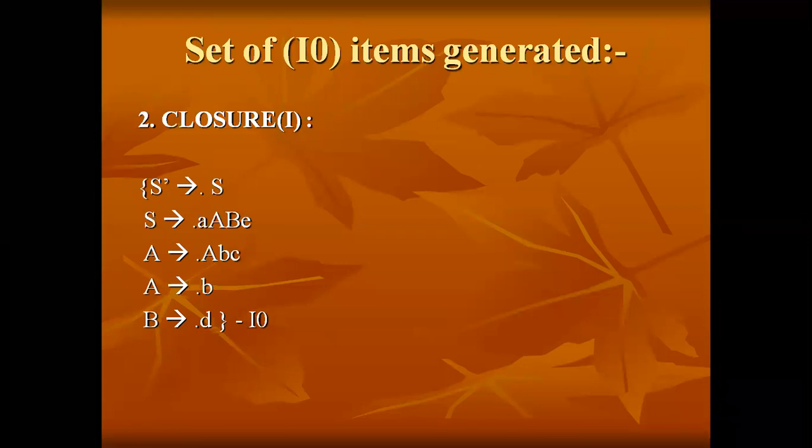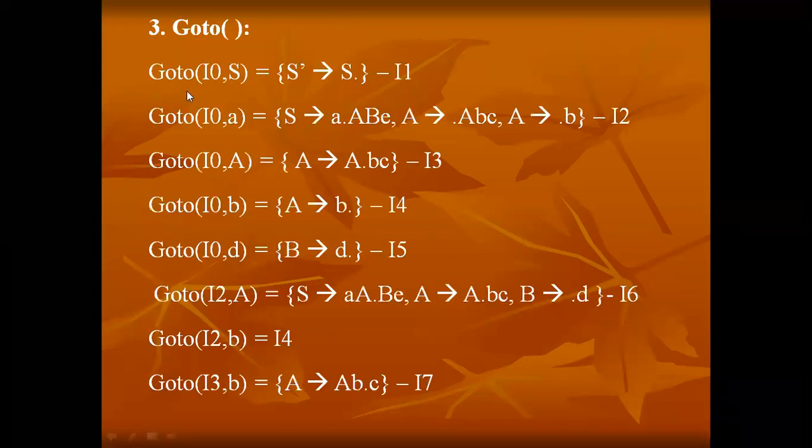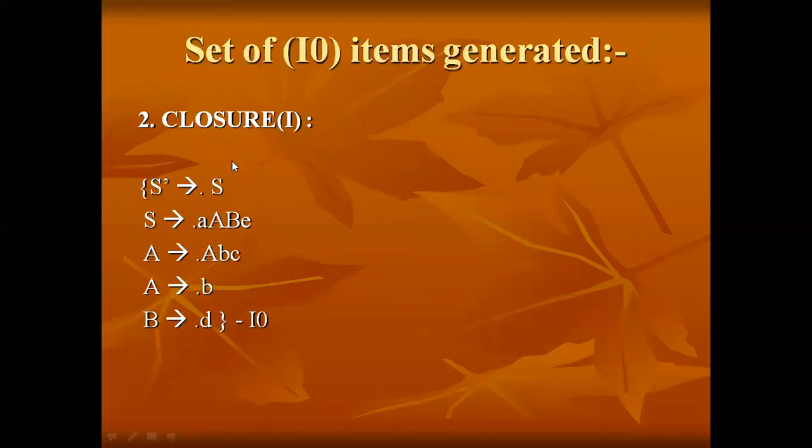See, I'm calling the goto function, goto of I naught, where initially I have item 0, right? I naught comma S. Why I'm calling this S: from the starting rule itself I need to check it out. After the dot, I'm processing the variables. I'm processing the dot symbol now.